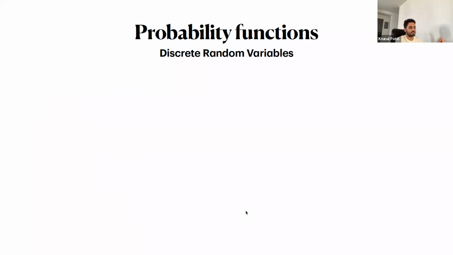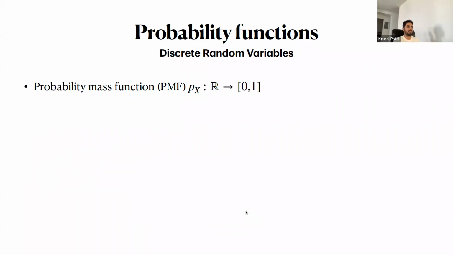We'll start with the discrete random variables. For discrete random variables, we have something called the probability mass function. We'll denote it with a small p, and if it is not clear, we will also put X in the subscript, just to make it clear that we are talking about the mass function of this particular random variable.